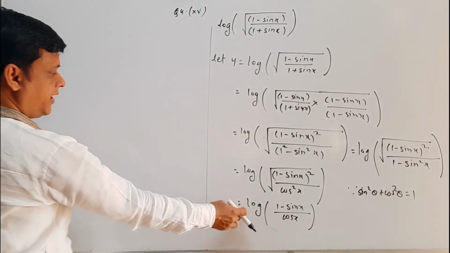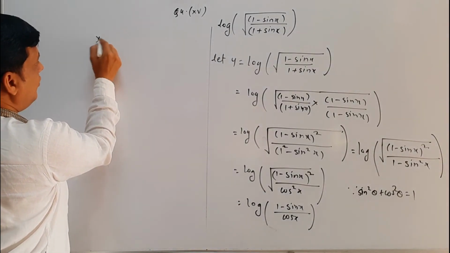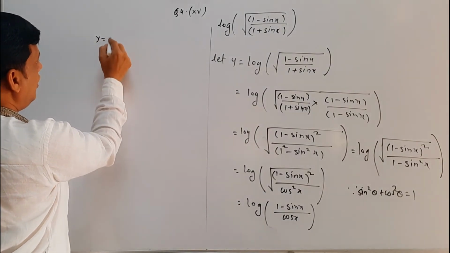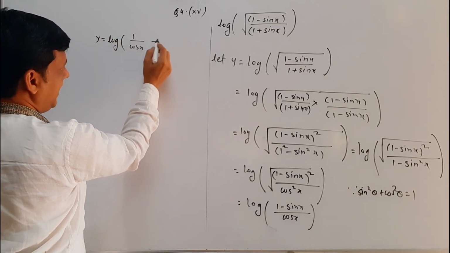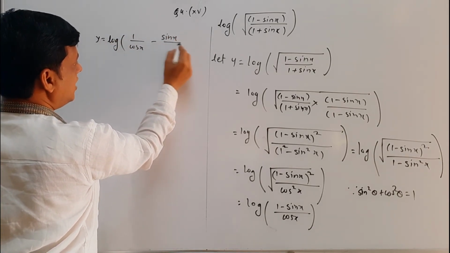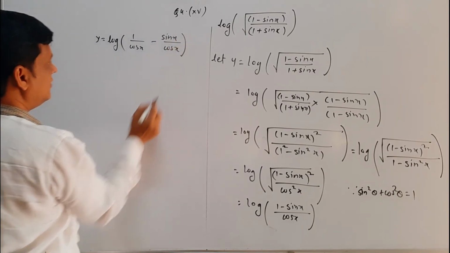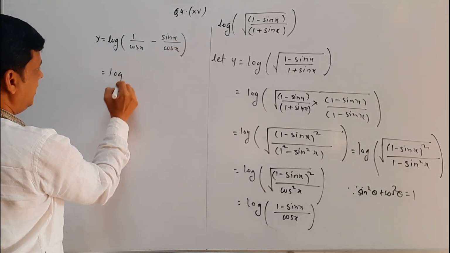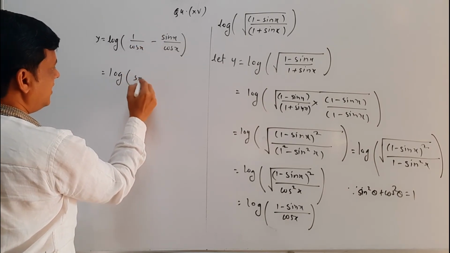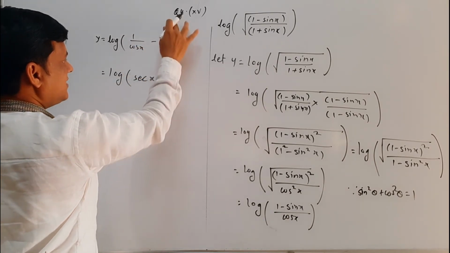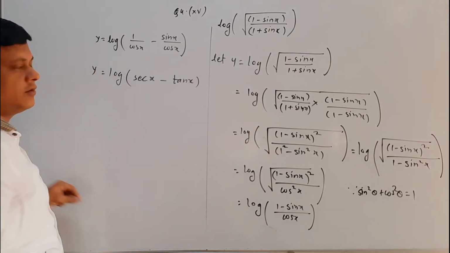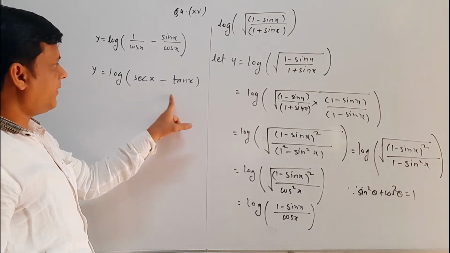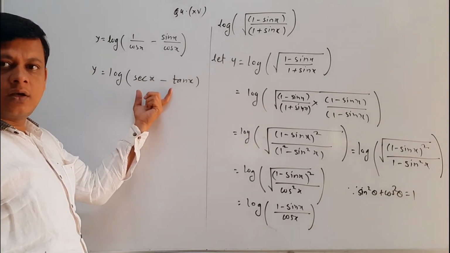So after separating the base, we write y equals log of 1 upon cos x minus sin x upon cos x. So this we write: log of, 1 upon cos x is sec x, minus sin x upon cos x is tan x. Now after simplifying we get this function.